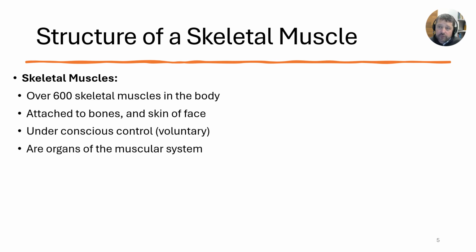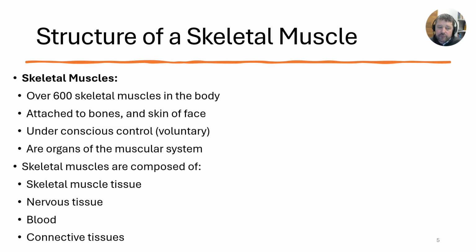Over 600 skeletal muscles in the human body. They attach typically to bone, but they can also attach to skin in different parts, especially in the face. This controls facial movement and emotion and things that you can pick up in one's face. And they're under conscious control, voluntary control.